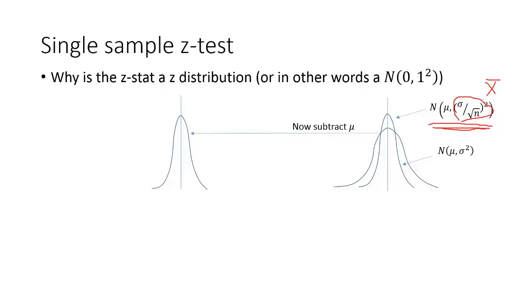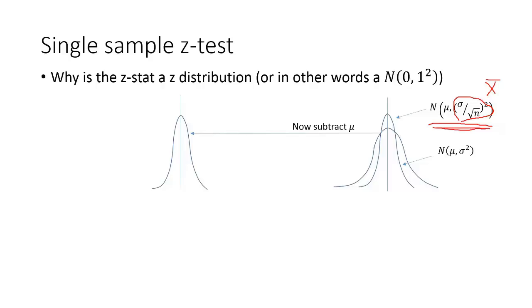When you subtract a number from the distribution, you can think of it as taking each data point and subtracting the same number from it, or as computing that x bar and then subtracting.